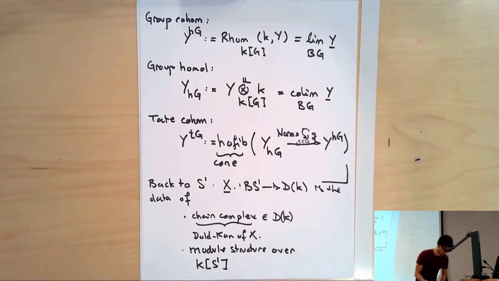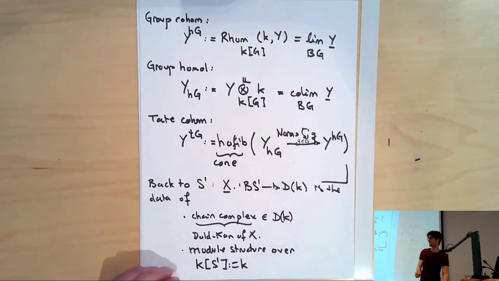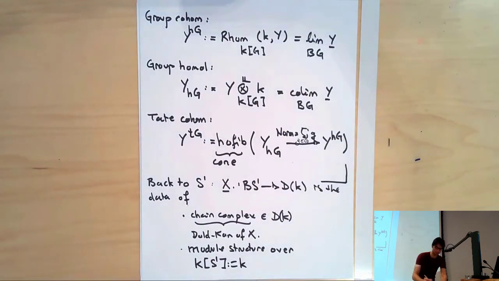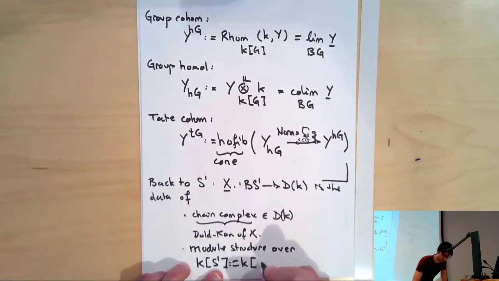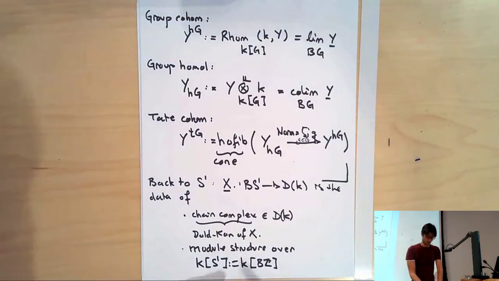I'm writing down the group algebra of some topological group. So what do I have in mind when I write this? Well, I define it to be, let's say, one way to represent S1 as a topological group is as the simplicial group Bz by applying the bar construction to the integers. So if I have a simplicial group, then I can form the simplicial group algebra KBZ.